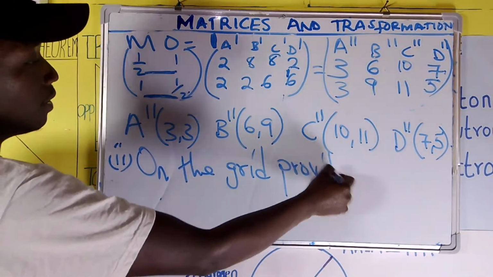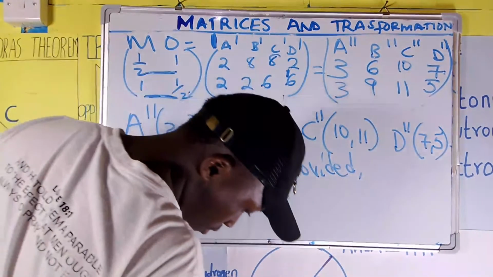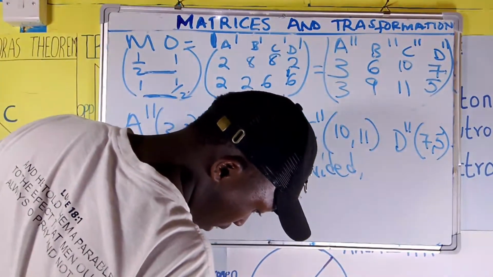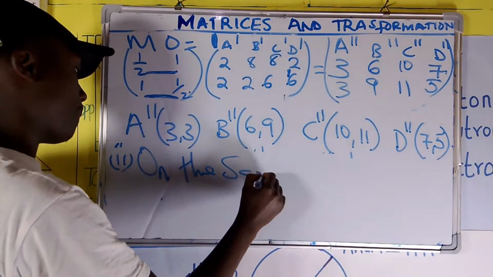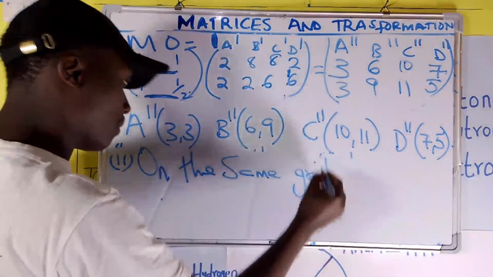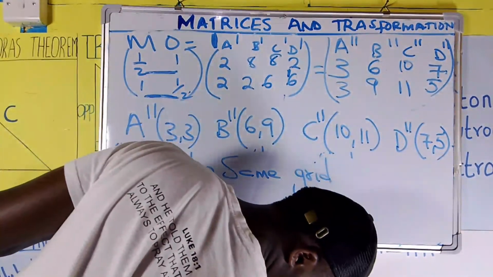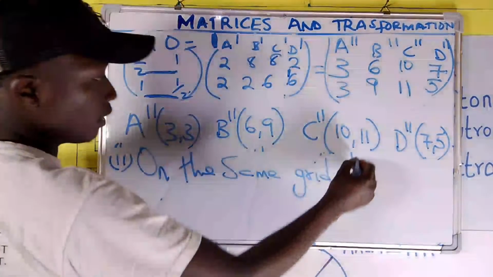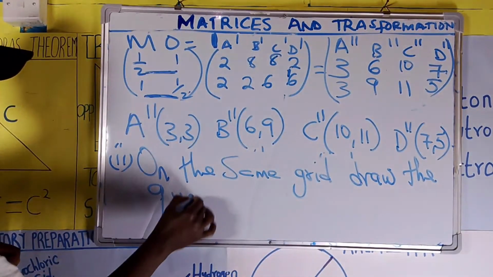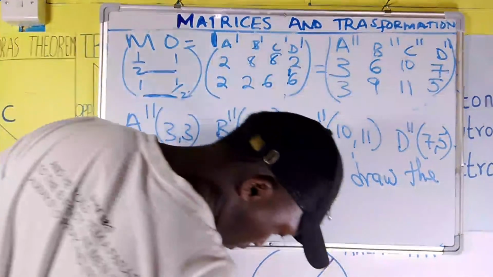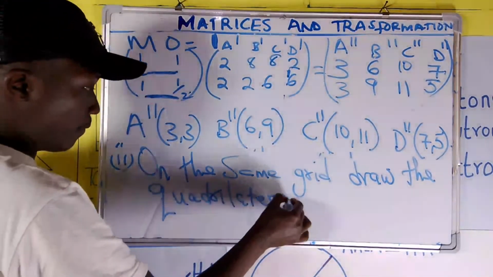So this was part B. On the grid provided, draw on the same grid the quadrilateral. Draw the quadrilateral. 1 mark.